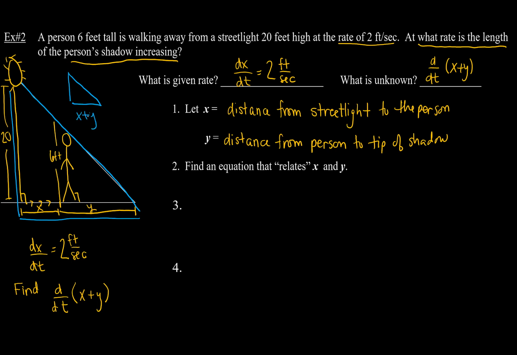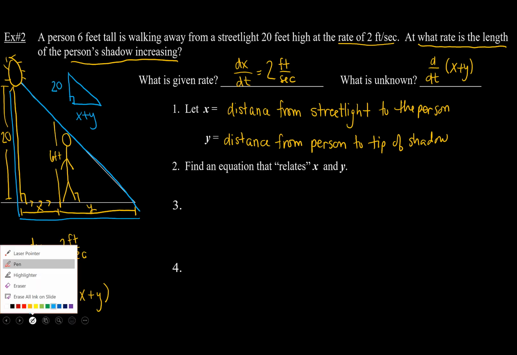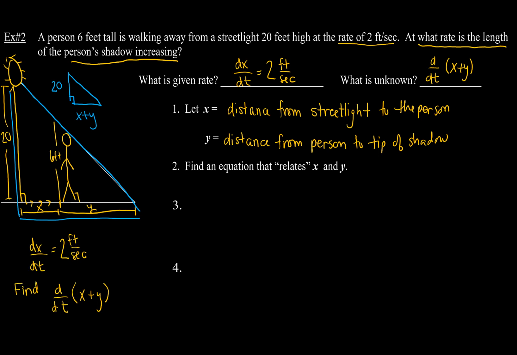Here I've got x plus y and 20. And then nested in that big triangle is a smaller triangle. I'm going to draw it so you can see it a little bit easier. I've got the smaller triangle here, and the smaller triangle is just y and 6 feet.